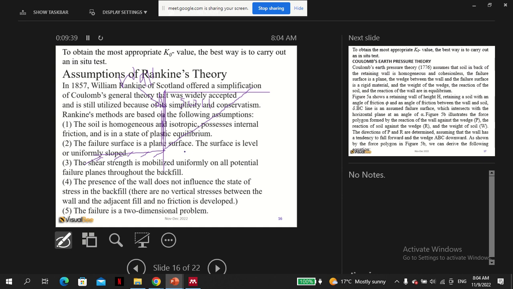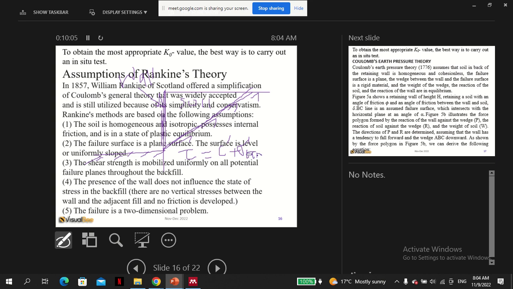Of course, also the shear strength is mobilized uniformly here. We've said that tau equals C plus sigma tan phi.